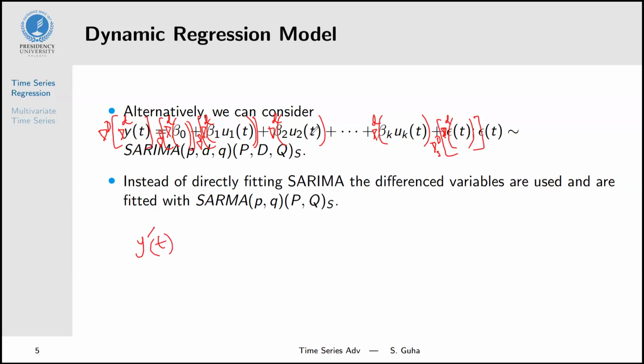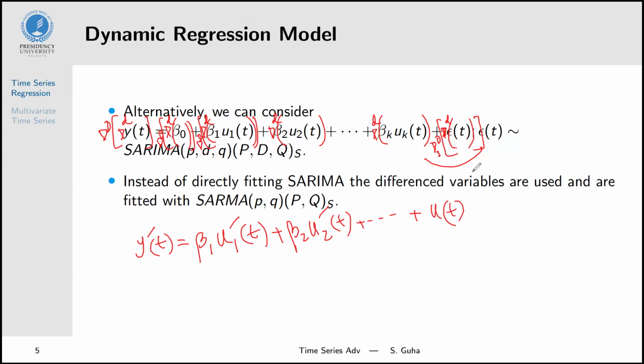So again, this will give me new variables. This beta naught part will be gone from the picture, but the remaining variables will be retained, and it will give us beta 1, maybe you just give a name u1 prime t, plus beta 2 u2 prime t, and so on. And finally, this error part, after taking a lot of differencing, we give a name to that, maybe ut, or actually in the slide I have given a different name, epsilon prime t.